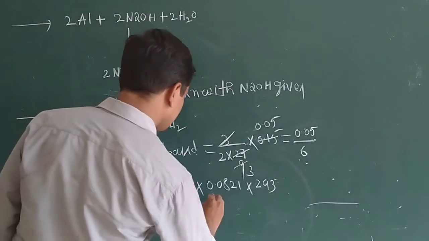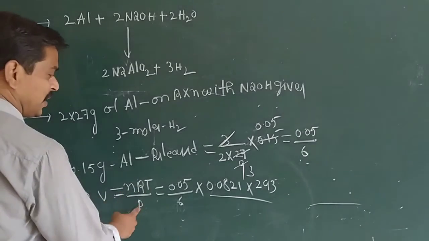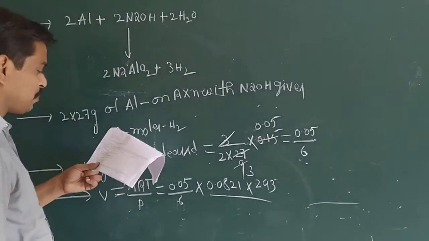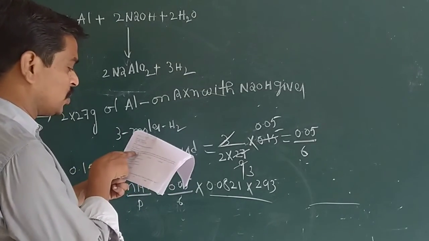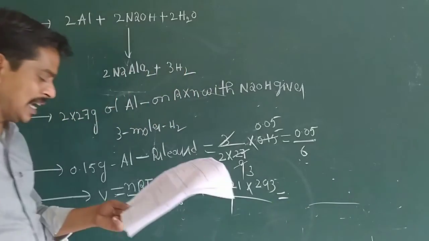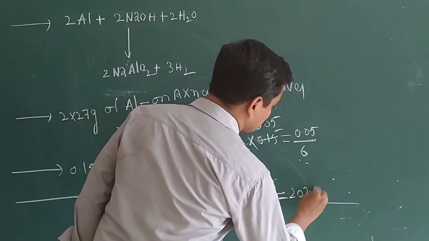And P, the pressure he gave, is 1 bar, student. If you solve this entire one, you can obtain the value 202.5, students.